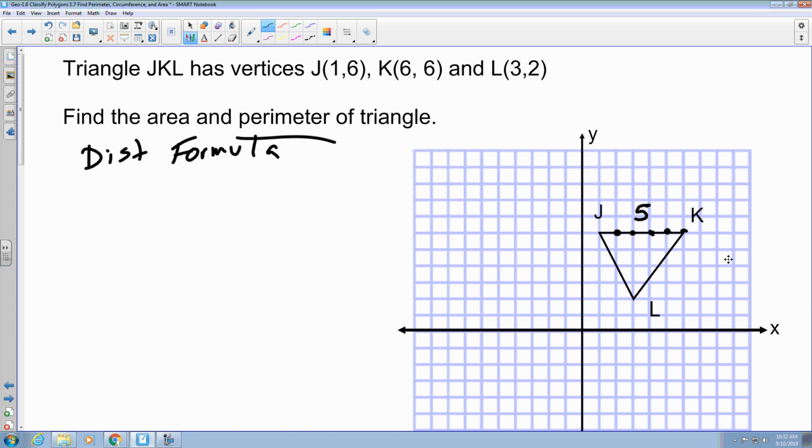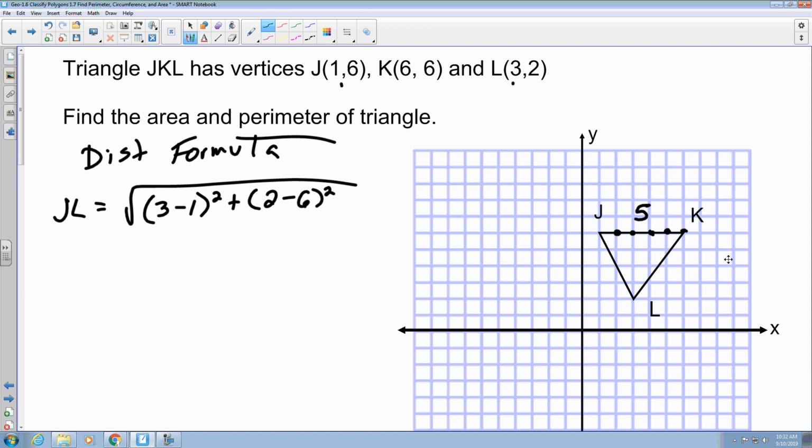So looking at JL, JL is going to be equal to the square root of 3 minus 1 quantity squared, that's the difference of the x values, plus 2 minus 6 quantity squared.